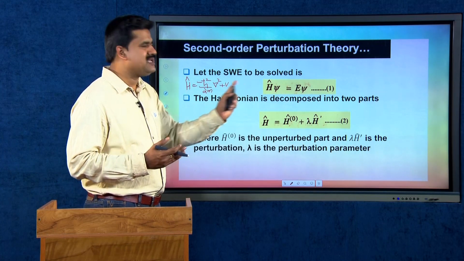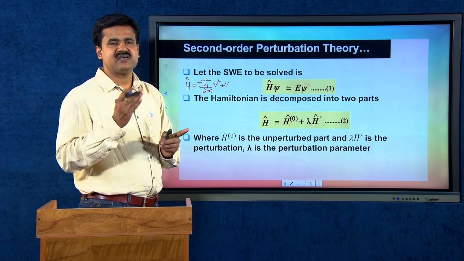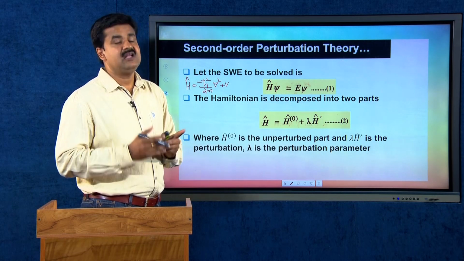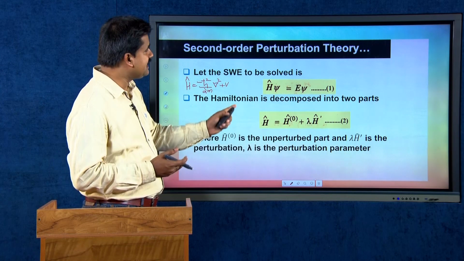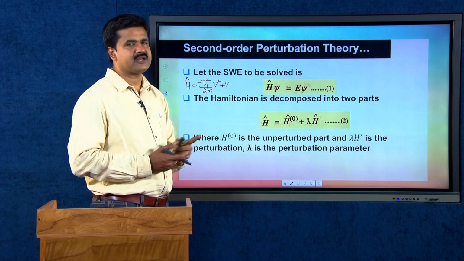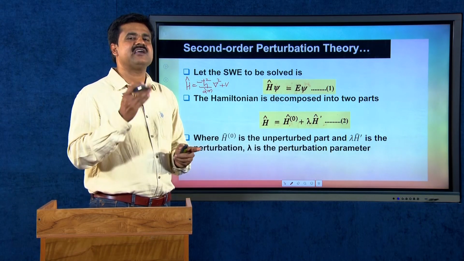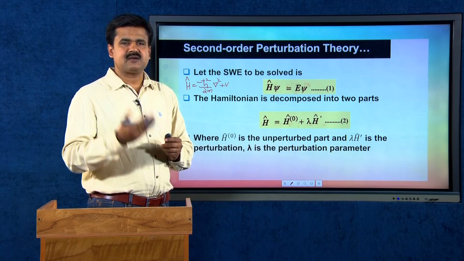Let this be the Schrodinger wave equation to be solved for the quantum mechanical system under consideration. It should be noted that this eigenvalue equation, this Schrodinger equation, contains no time variable. Hence, we are discussing time independent perturbation theory.